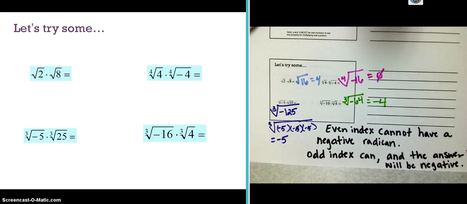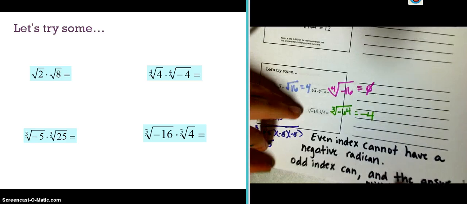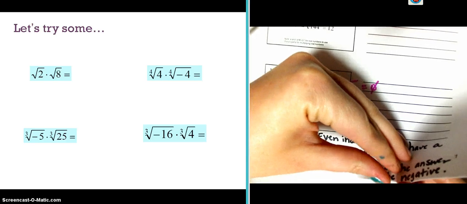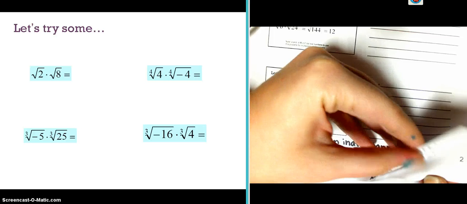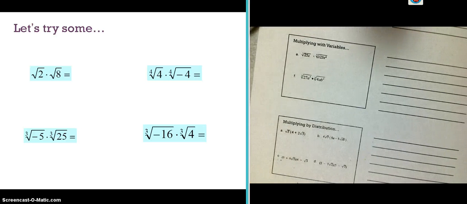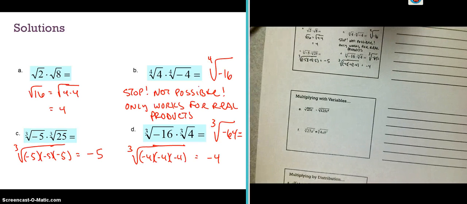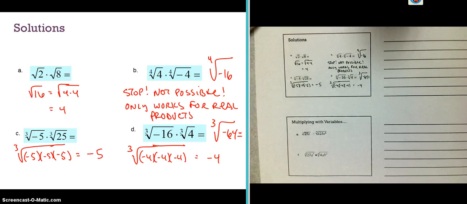So make sure you have that down if you need it. An even index cannot have a negative radicand, but an odd index can, and the answer will be negative. Make sure you get that down in your notes if you need to. If you need to see all these problems worked out again, here's all the work. Make sure you get it in your notes if you need it.